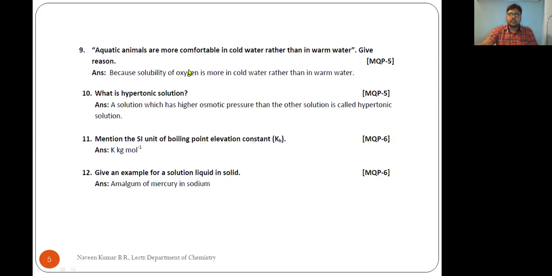Along with the solubility of a gas in a liquid, you need to understand the temperature factor. Hope the answer is clear. Cold water contains more dissolved oxygen than warm water, so their life is comfortable in cold water rather than in warm water.